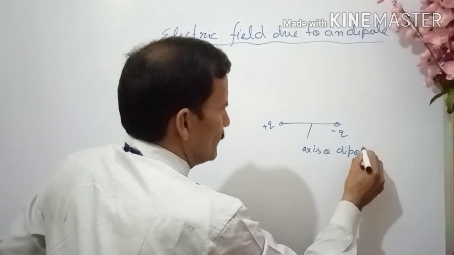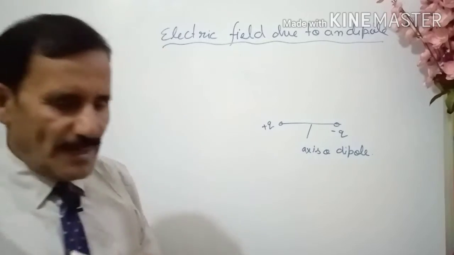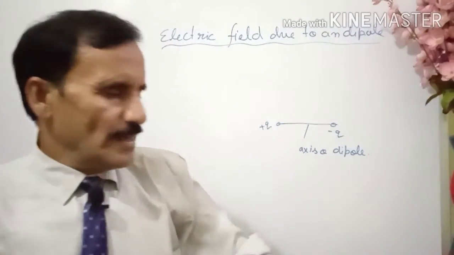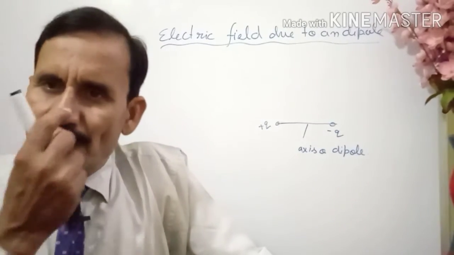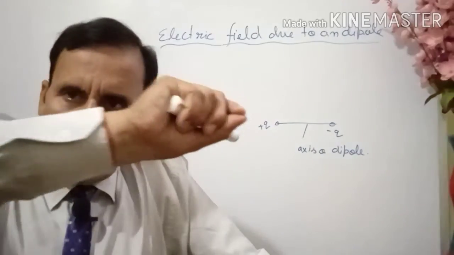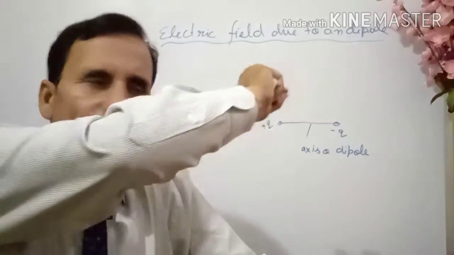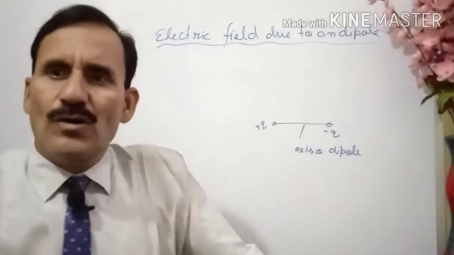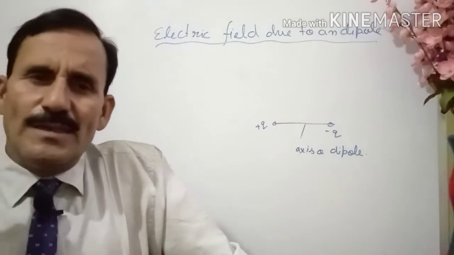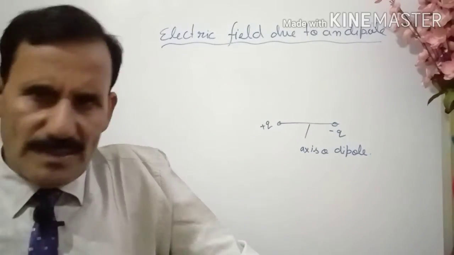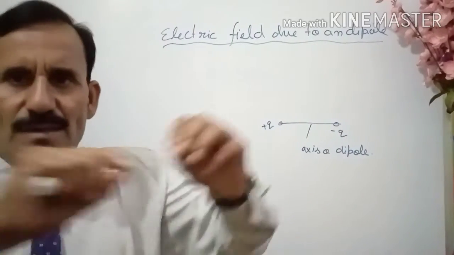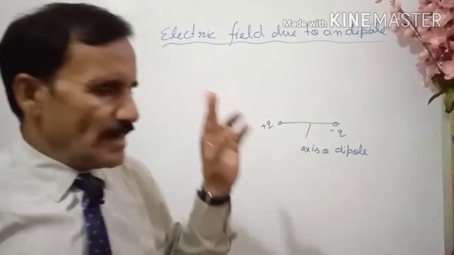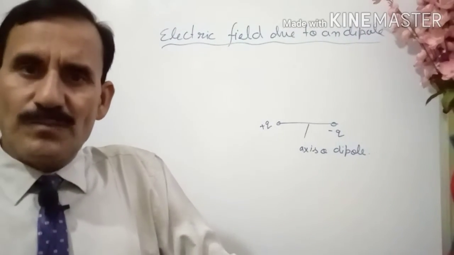When we are taking a point on the axis of dipole, then that is called an axial point, a point lying on the axis. Now the line can be very large, up to infinite. So if any point is situated on the line of axis, then that position is an axial point.